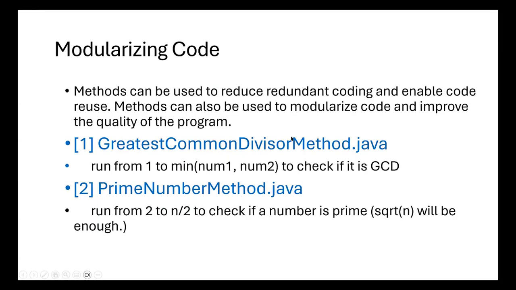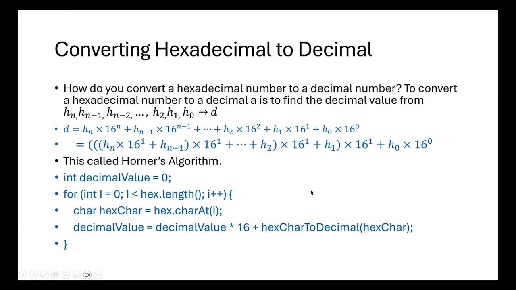So this is different from the one we tested last time. Converting hexadecimal to decimal. Last time we converted decimal to hexadecimal. Now this time we want to do hexadecimal to decimal.